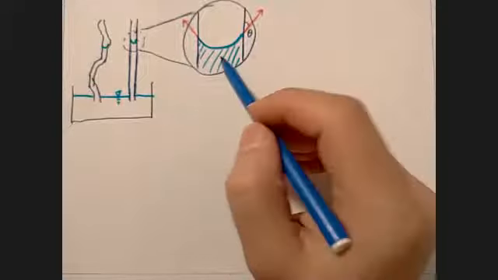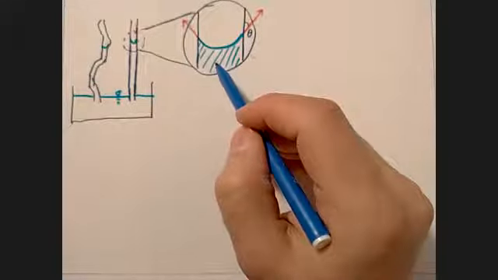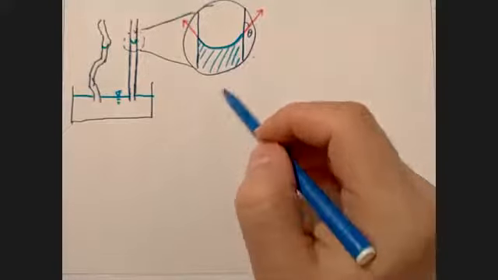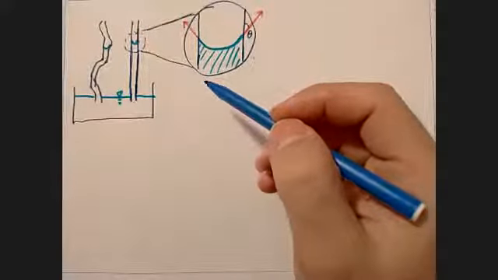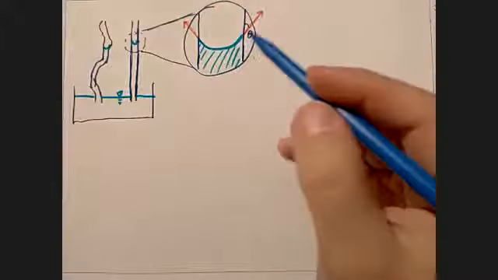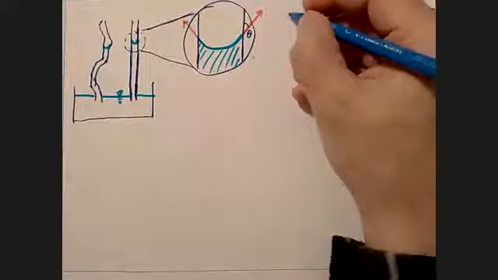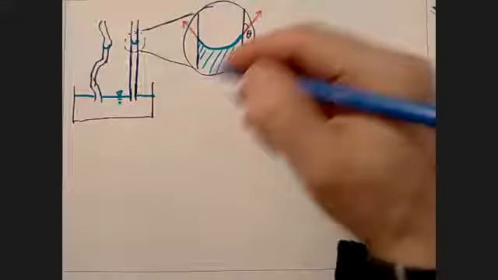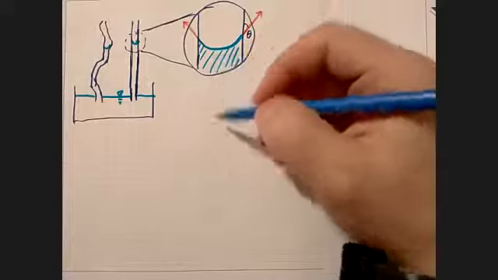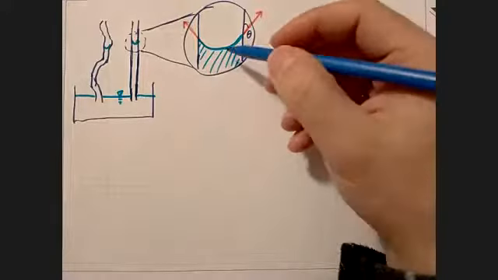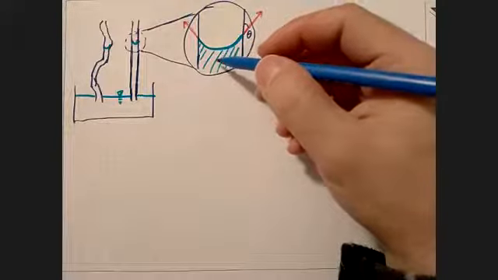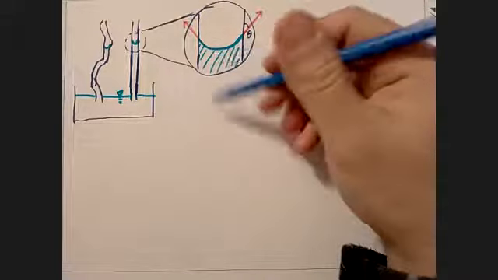Whereas the weight of this water that it supports is proportional to the area of the tube times height. So it's proportional to the volume of the tube.